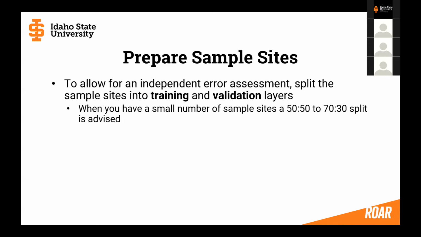And we want to have at least, ideally, about 30 points for validation per class. In our case, we only have 2 classes at this point, water versus not water. So we want to be aware of that as well.